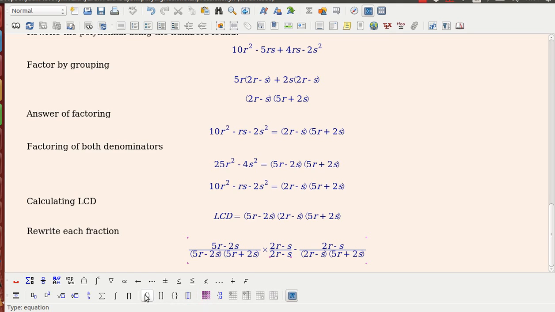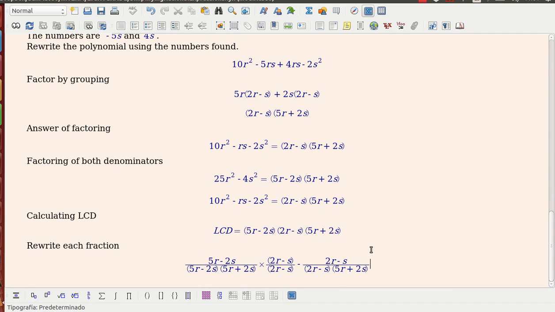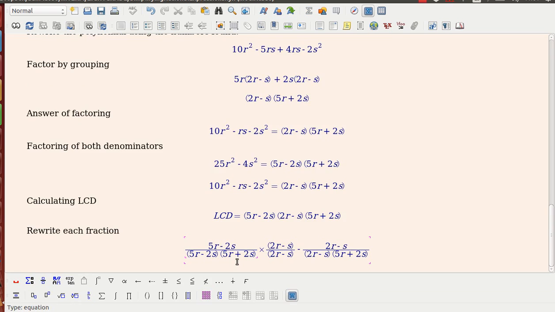If you want to be sure that you're not going to commit any mistake, you can write this factor in parentheses. And I will tell you to use parentheses for numerators as well. Now let's see the second denominator.